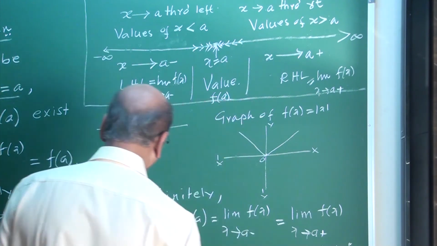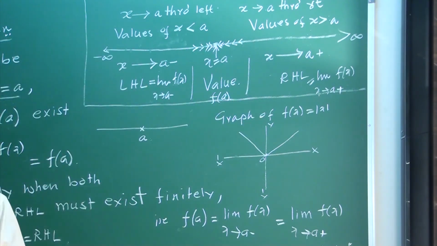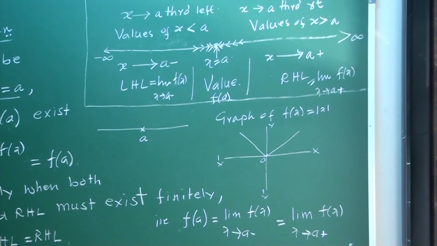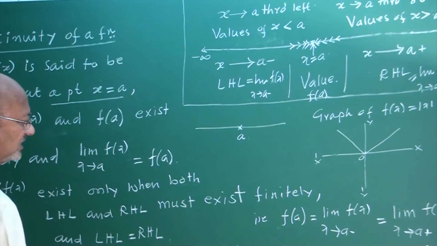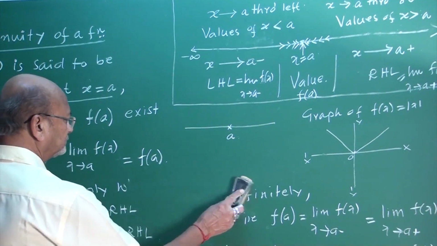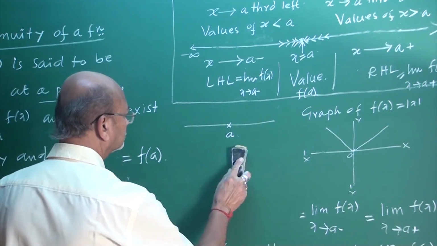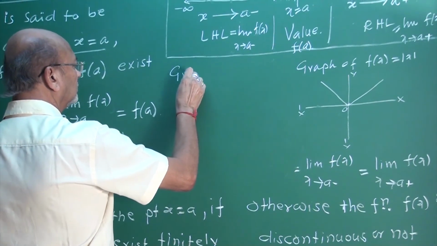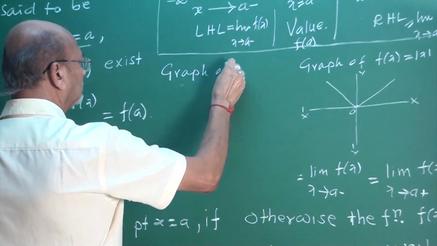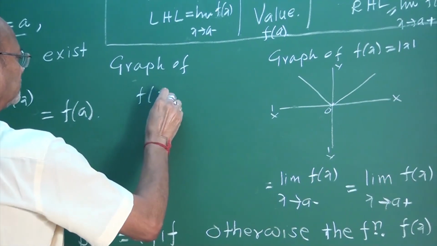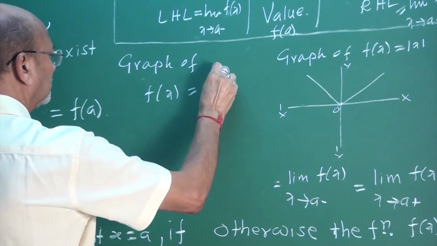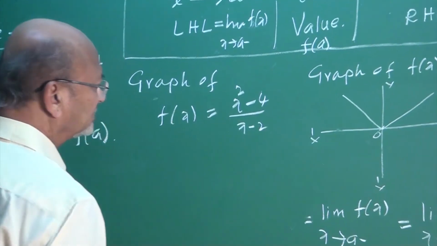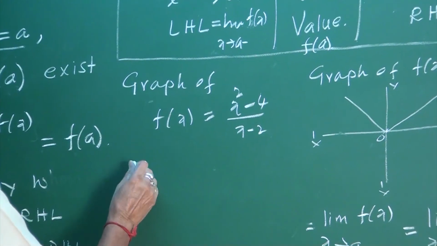Now another graph is the graph of the function f(x) equal to x square minus 4 upon x minus 2. In this case, the value fails at x equal to 2.